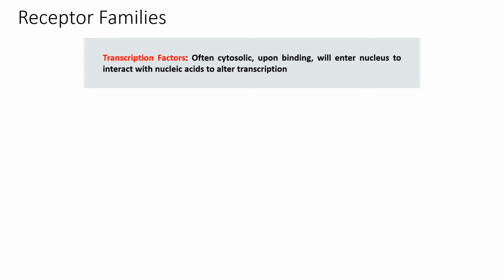So another type of receptor are transcription factors. Transcription factors are a little bit different in that they're often cytosolic, and upon binding and activation, they'll enter the nucleus to interact with nucleic acids and alter the rate of transcription.